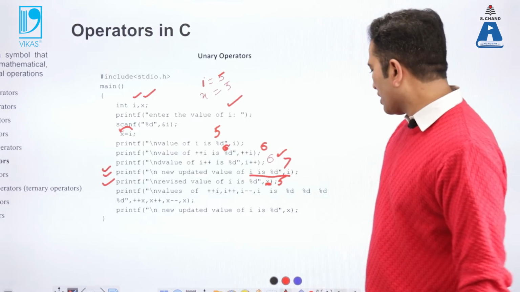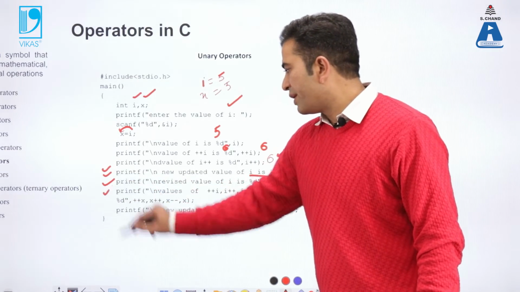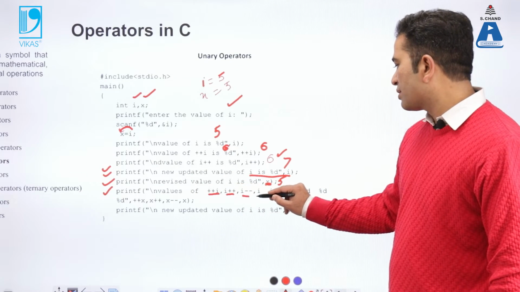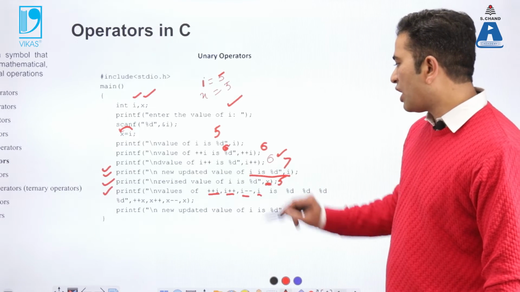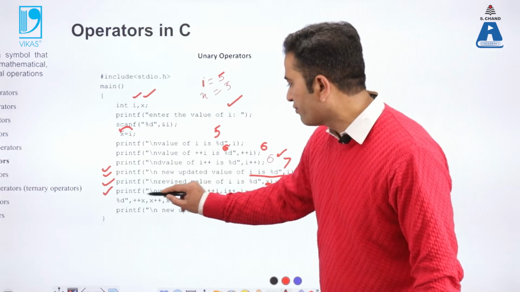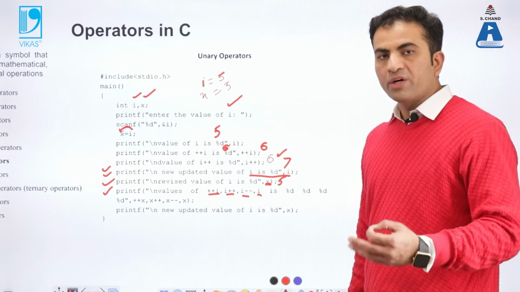Now an important concept comes in this particular statement: ++x, x++, x--, x. What is the output of this statement? There are 4 variables, 1, 2, 3, 4, so we need to print 4 integer values.